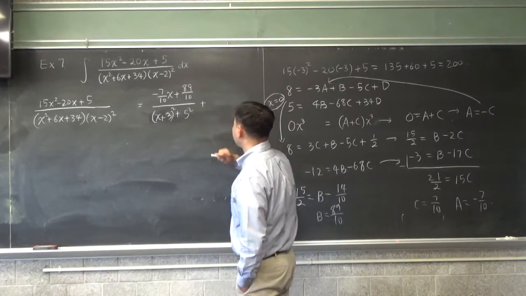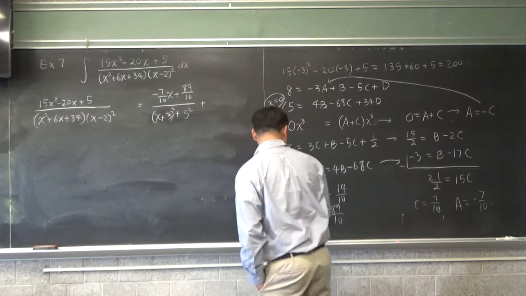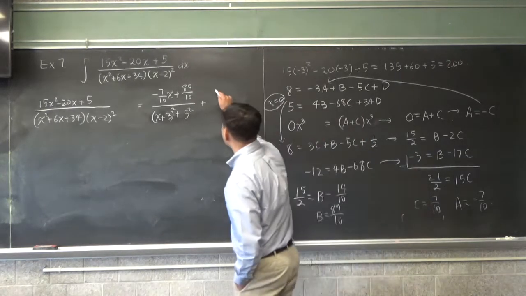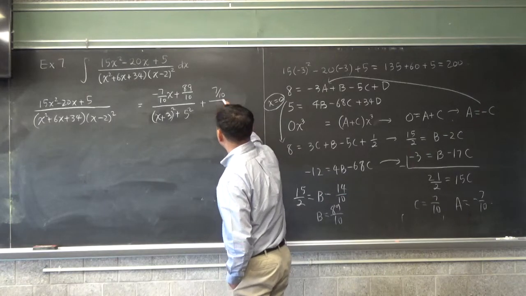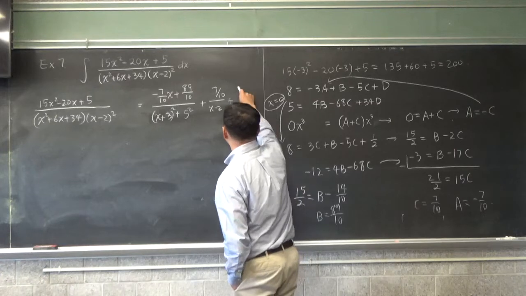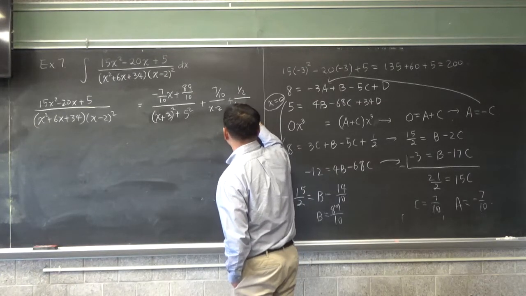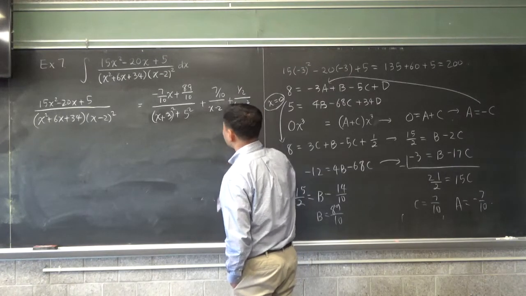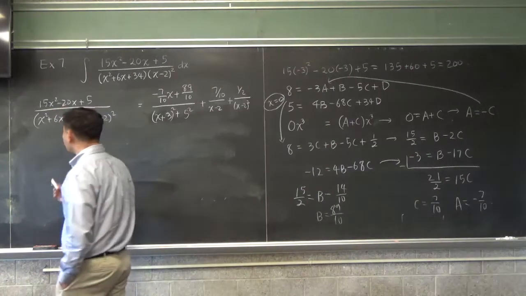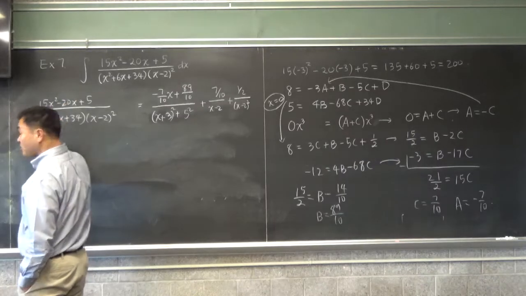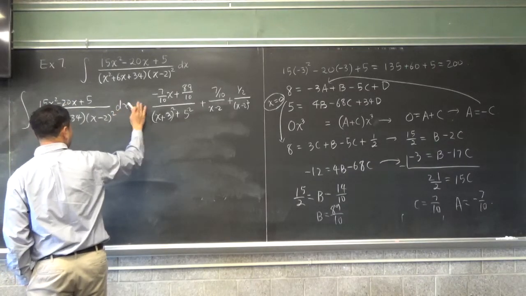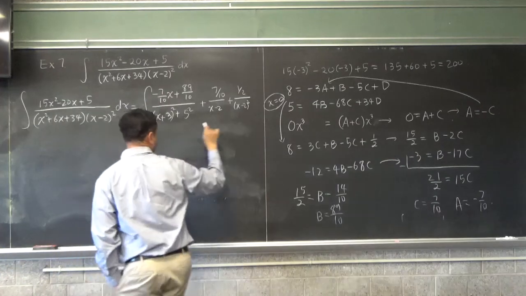Plus c is 7 over 10 over x minus 2. And then d is 1/2 over x minus 2 squared. Now because these two are equal as functions, they're exactly the same functions, integrating this function is the same as integrating this function.